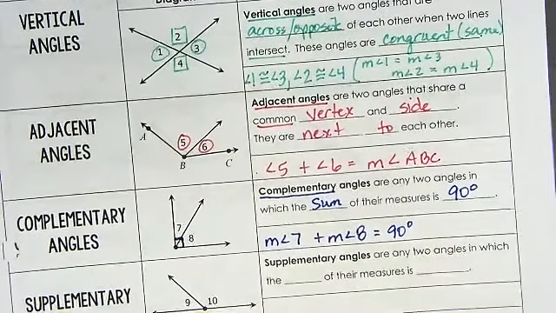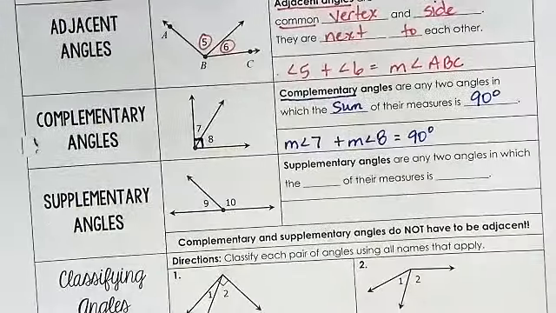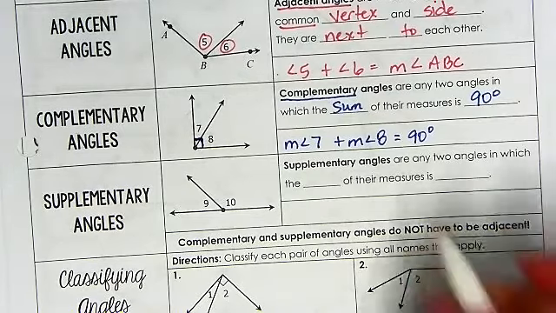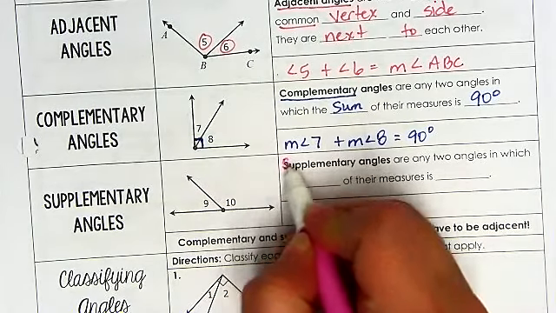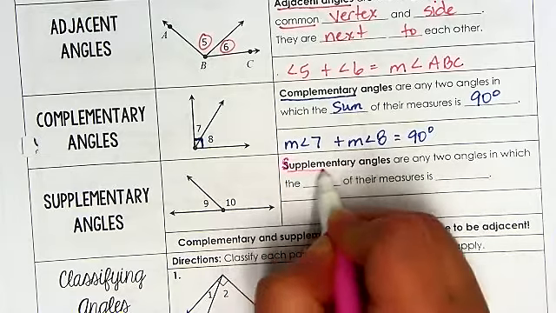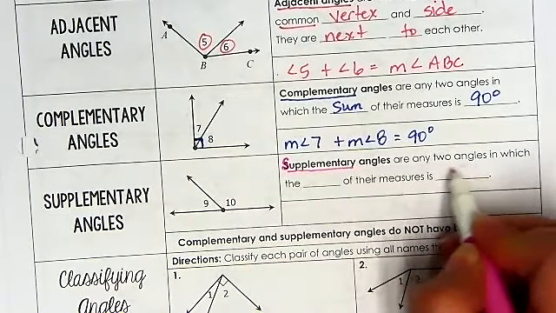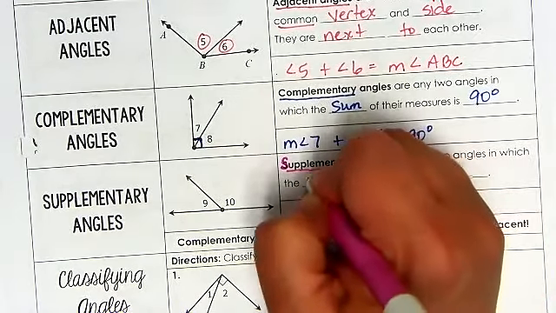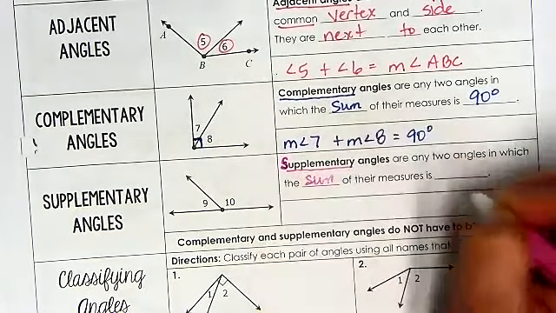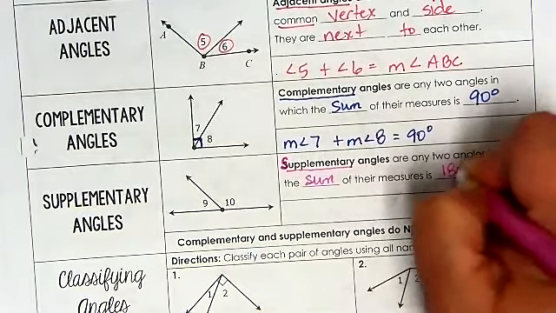All right, next set of angles. Supplementary angles, okay? Supplementary makes the straight line. They are any two angles in which the sum of their measures is 180 degrees.